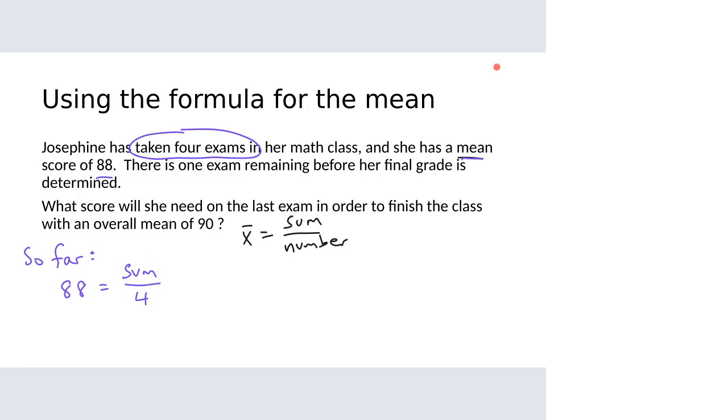Just like we did before in finding the sum, we're going to multiply by 4 to get those to cancel. If we multiply by 4 on the right, we'll multiply by 4 on the left. 4 times 88. So far, Josephine has earned 352 points.